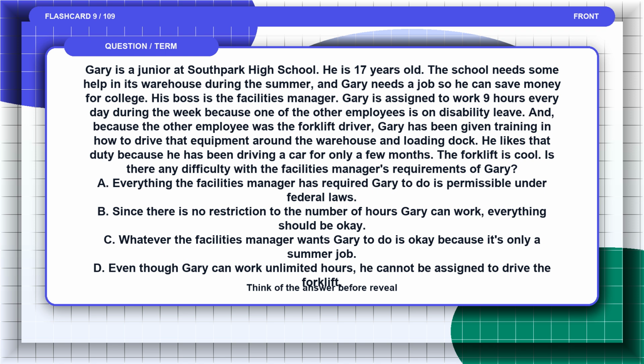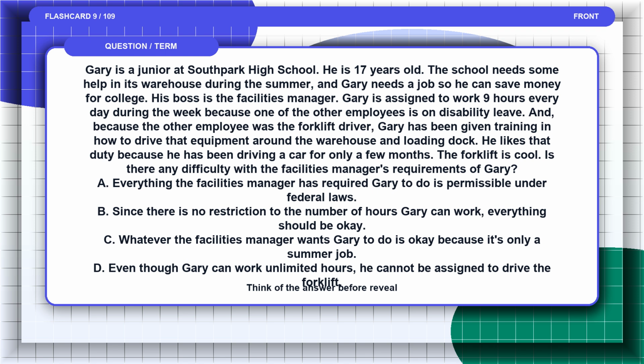Everything the facilities manager has required Gary to do is permissible under federal laws. Since there is no restriction to the number of hours Gary can work, everything should be okay. Whatever the facilities manager wants Gary to do is okay because it's only a summer job. Even though Gary can work unlimited hours, he cannot be assigned to drive the forklift.